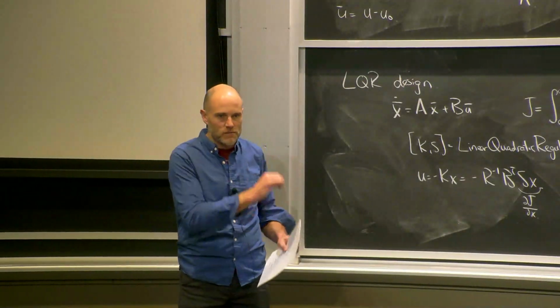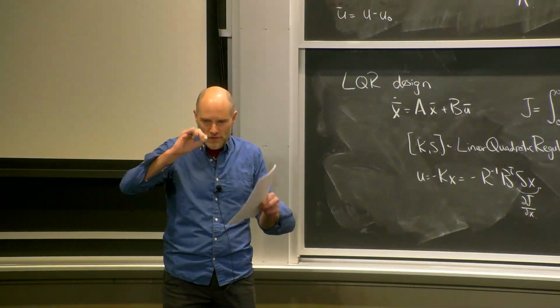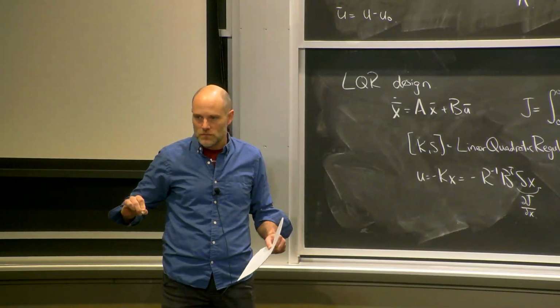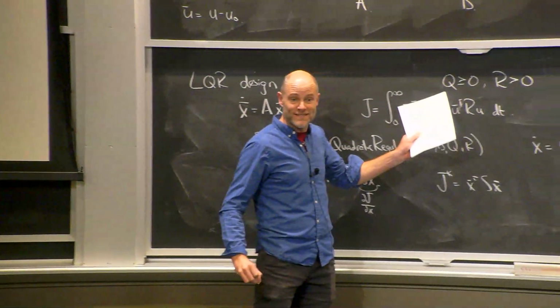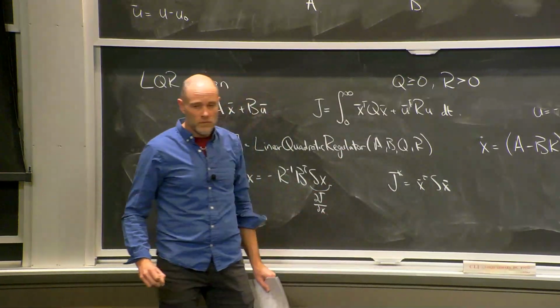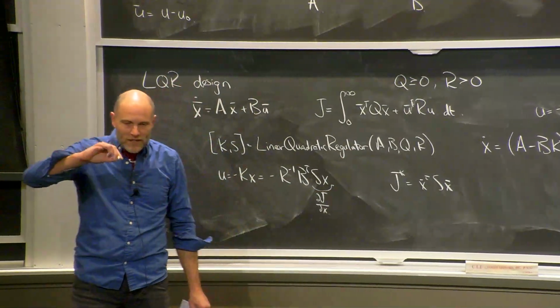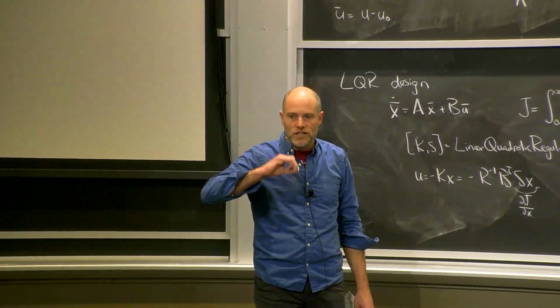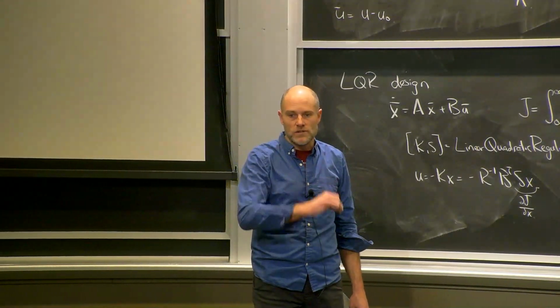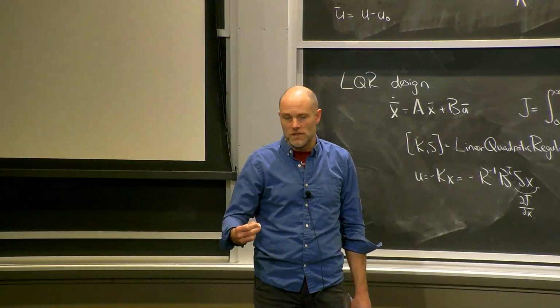It's possible, but it's a subtle boundary. It's not just the positive orthant. So searching directly in K is kind of hard. Searching in Q and R is easy, and calling LQR is relatively easy.